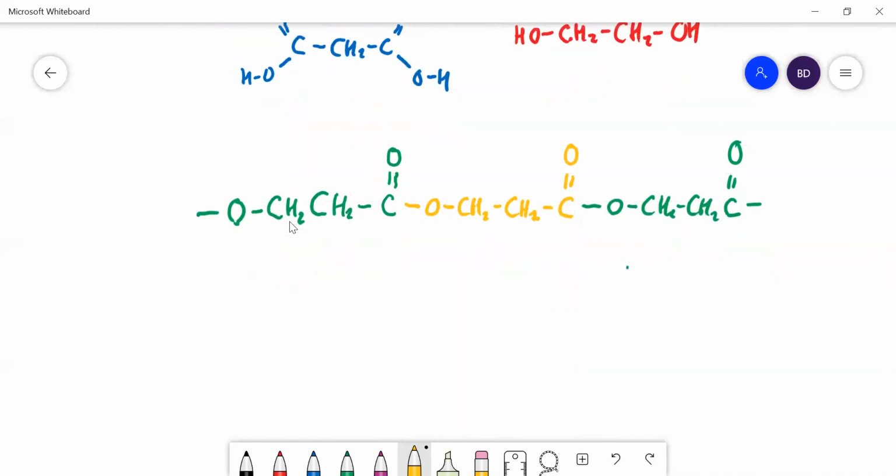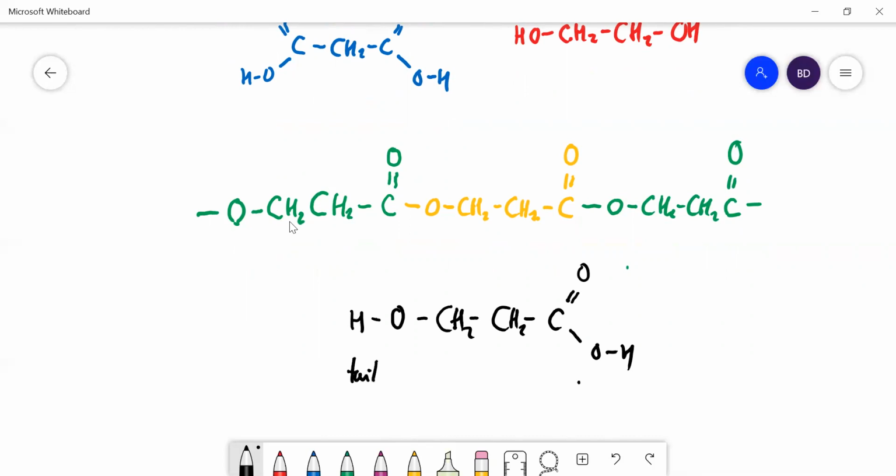And if you see what this monomer would be, we've got a carboxylic acid, and you've got 3 carbons long, and you've got an OH at that end. So what's happening here is you've only got one monomer, and they're going, this is the tail, and this is the head, if you like, and they're going head to tail, so that would form a polymer there. Okay, so we've got another molecule there.